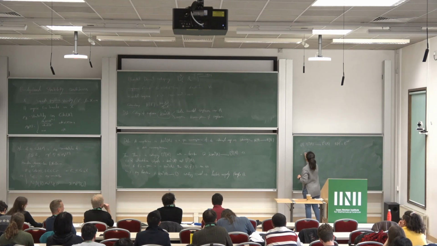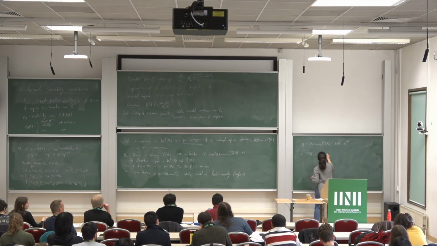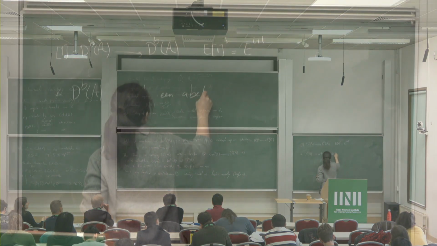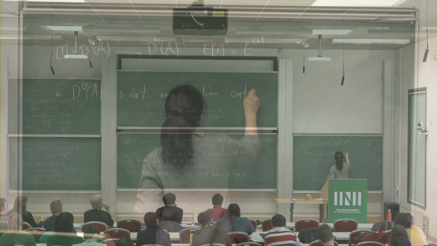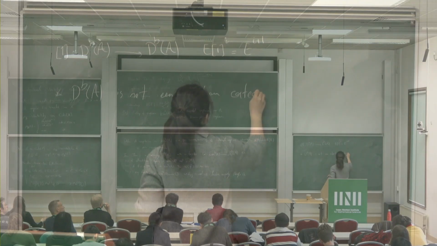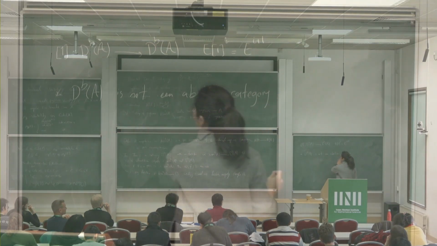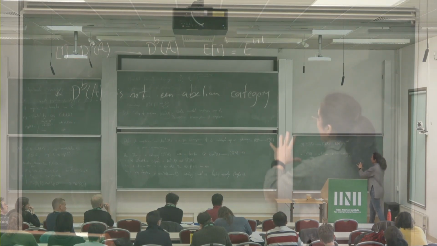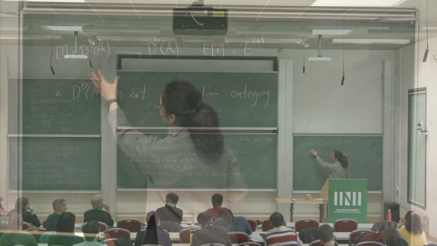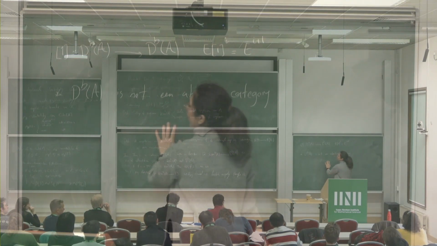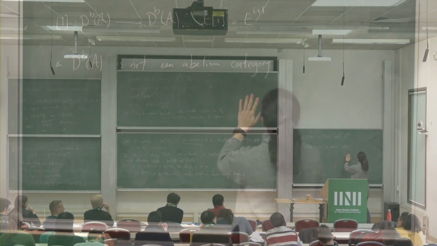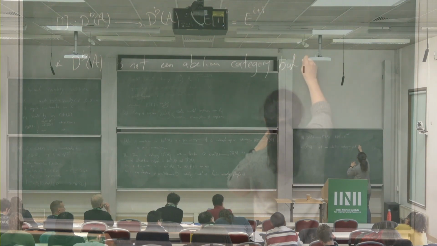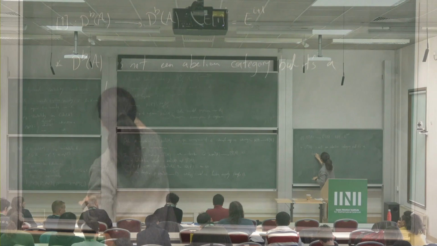So D^b(A) is not a priori an abelian category in general. That was exactly the point where Verdier and Grothendieck tried to understand the structure of this new category, and they came up with the notion of triangulated category. But it is a triangulated category.